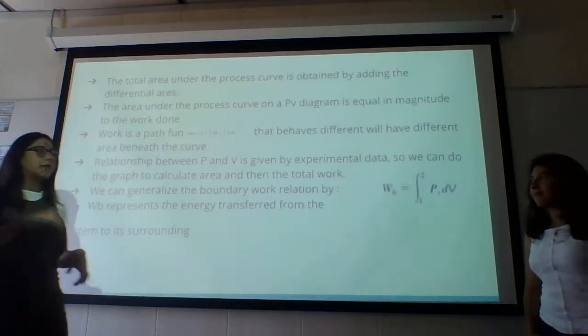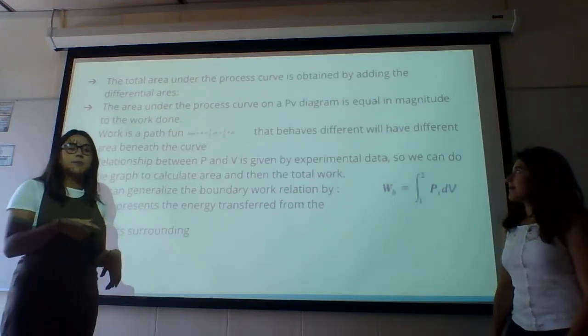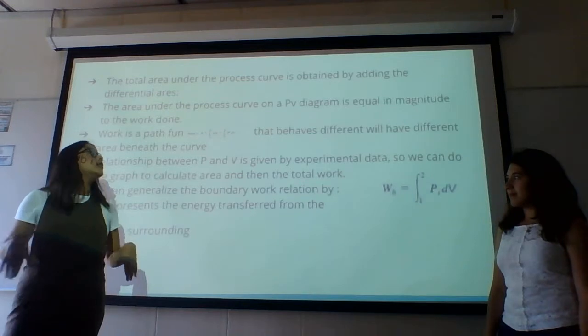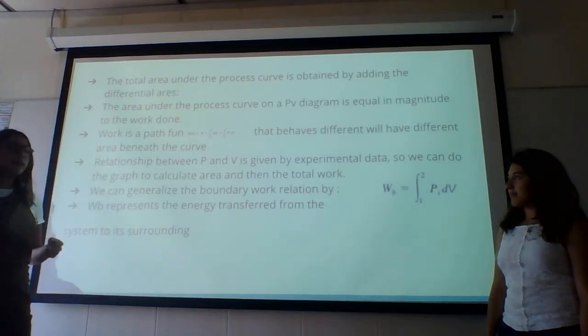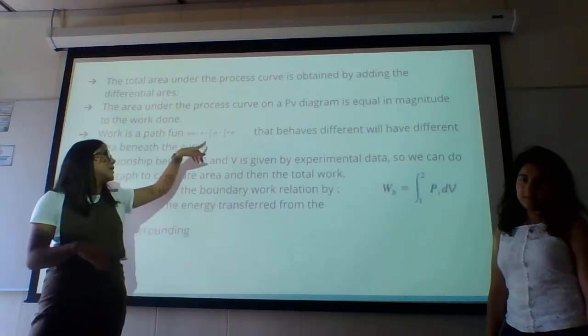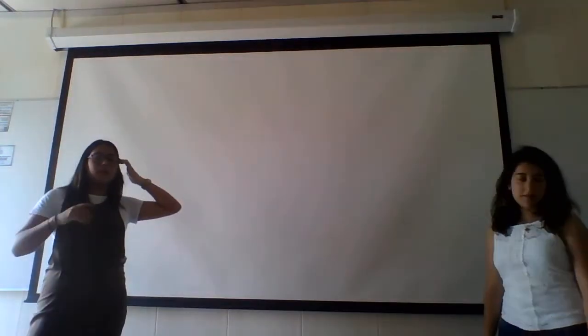The total area beneath our diagram is going to be the same as the work being done in magnitude, and the work is a path function, so we can also represent it with the area as well.